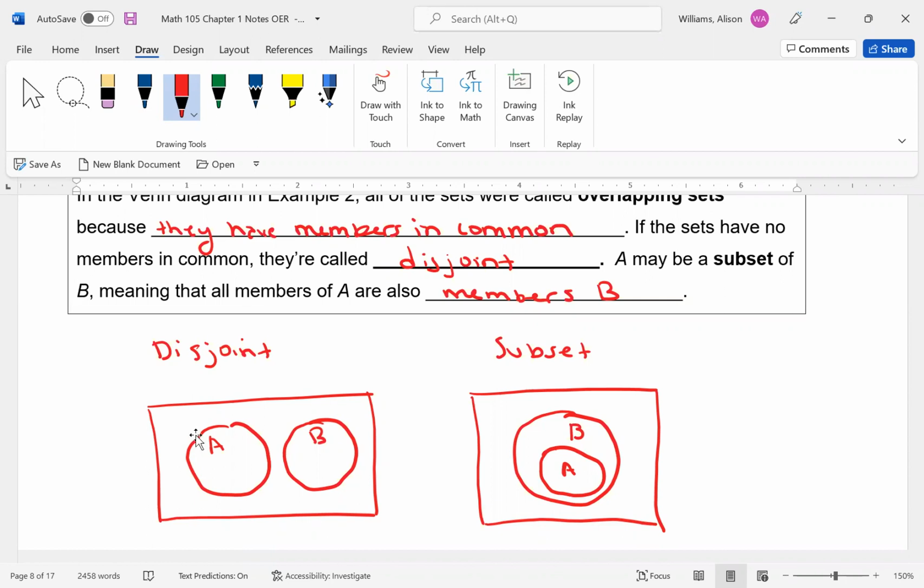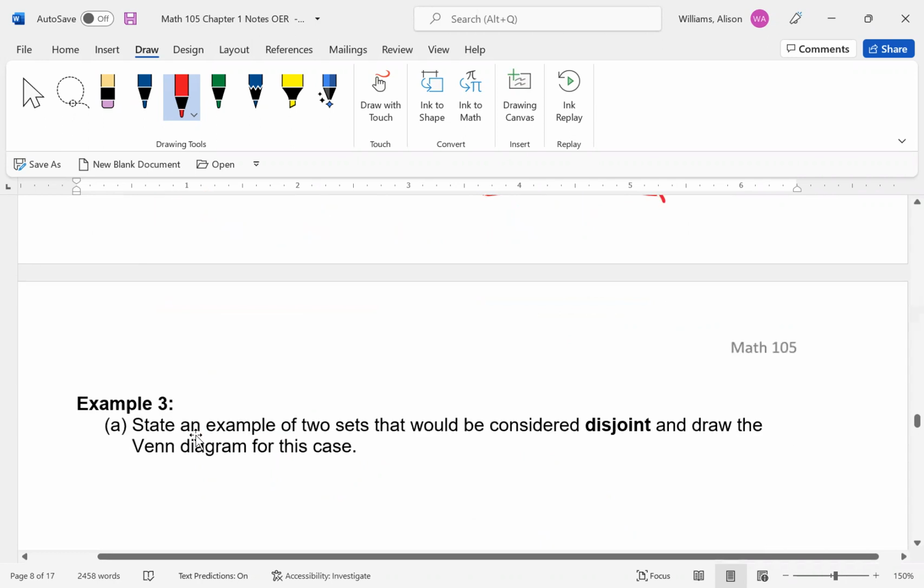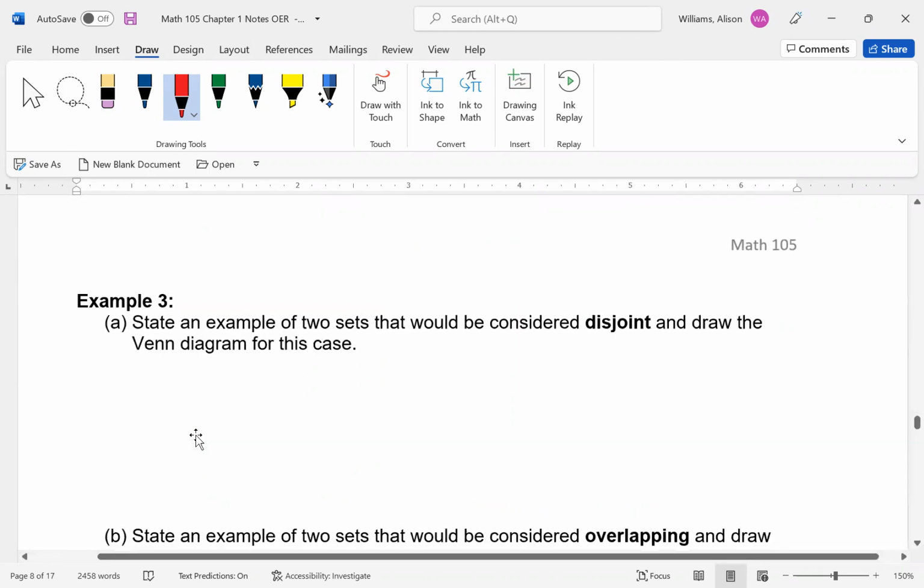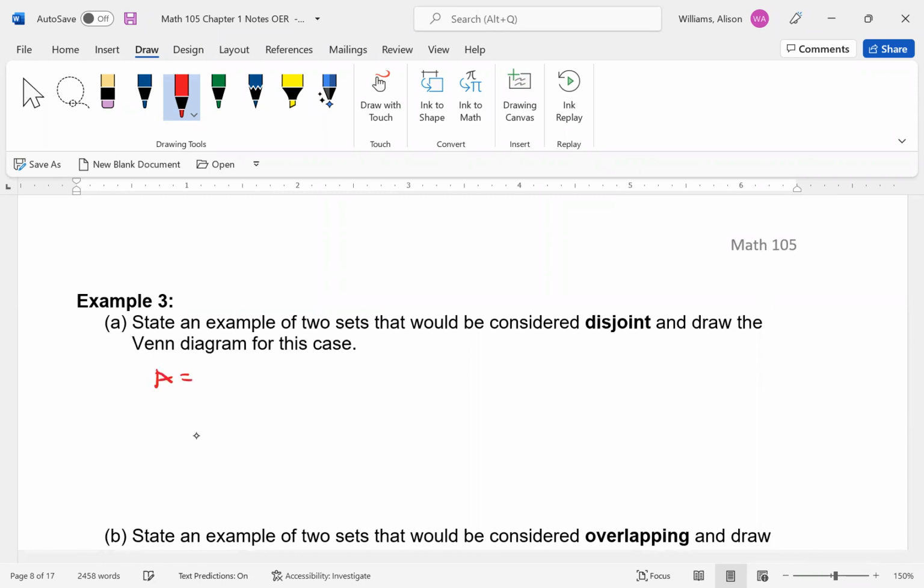Okay, so let's look at this. State an example of two sets that would be considered disjoint and draw the Venn diagram for this case. So let's come up with a disjoint example. For me, I'm going to use a really nice, obvious one, age. So let's say A is representing 20-year-olds, and B represents 30-year-olds.